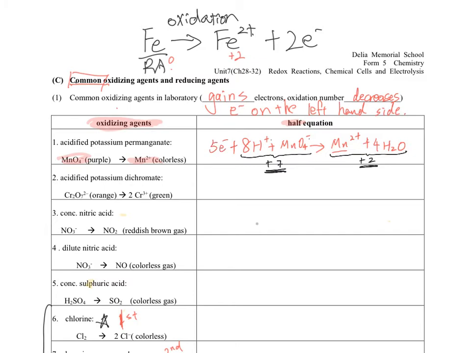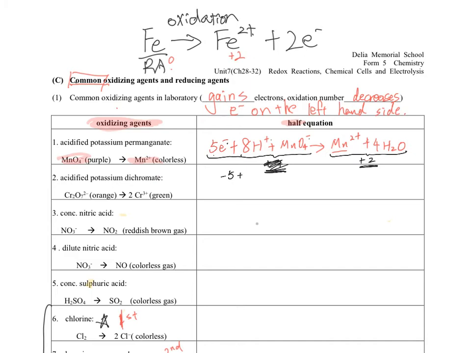At last, 4 steps are done. And then now you have to check if the charge on the right hand side is equal to the charge on the left hand side. So we try the left hand side first.